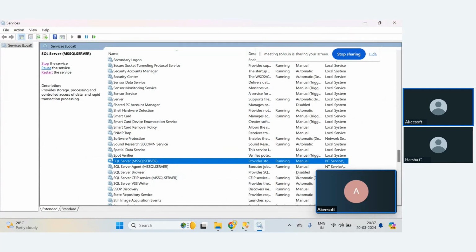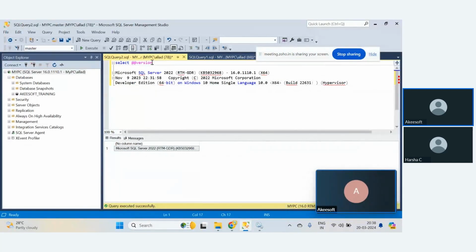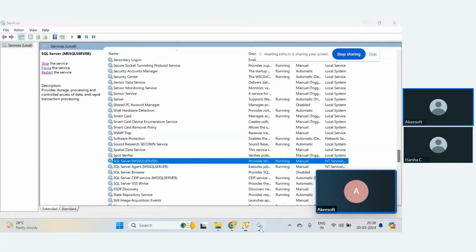As I told yesterday, to connect to the SQL services we use one of the graphical tools. You know that the SQL services are running fine, but how will you know what is happening in the background? If I want to know the version of the services which are running, how will I know?